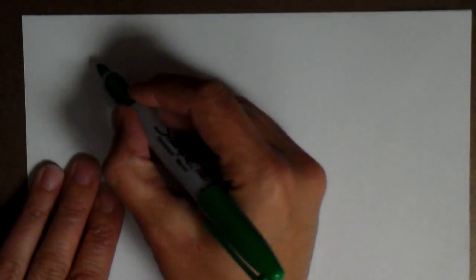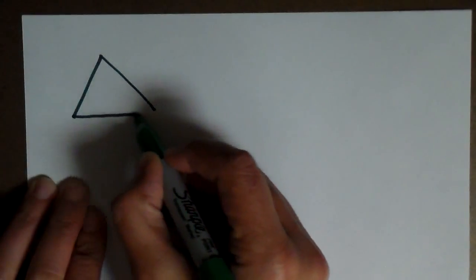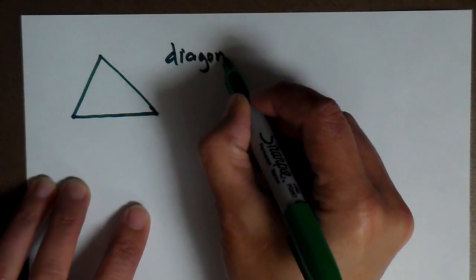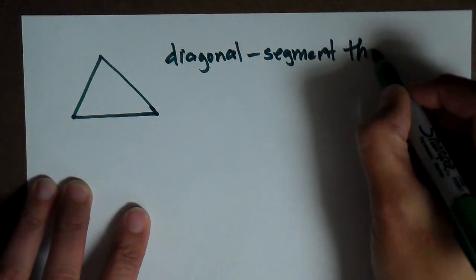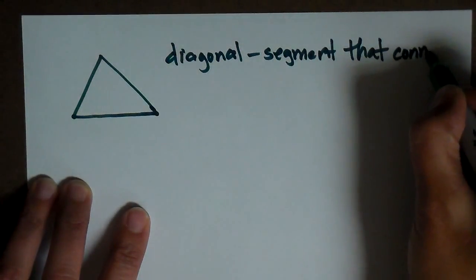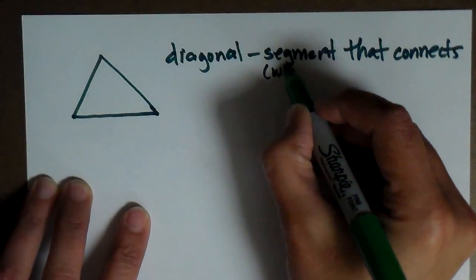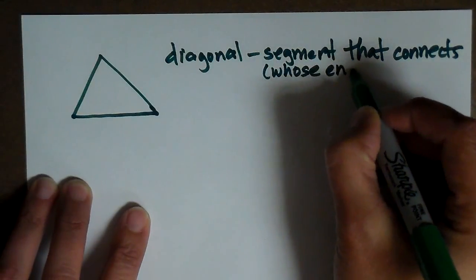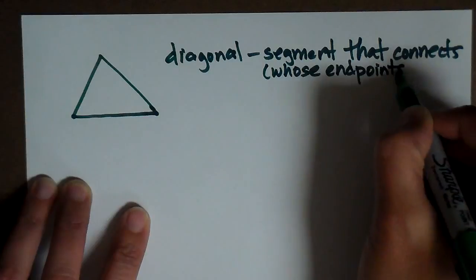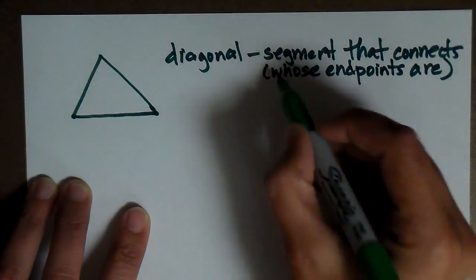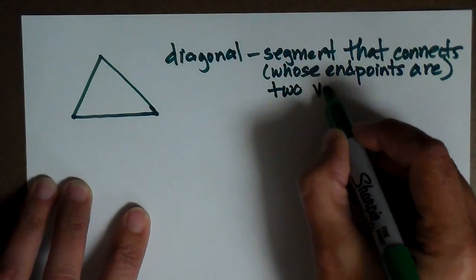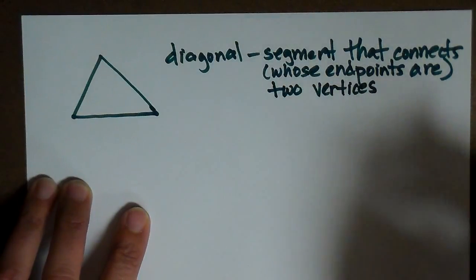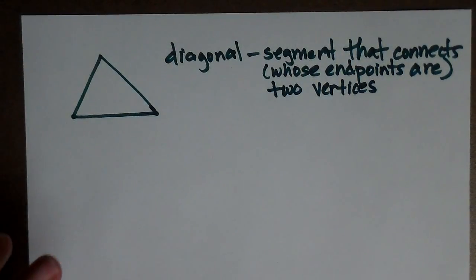If I draw a triangle, how many diagonals? Now a diagonal, remember, is a segment whose endpoints are, remember a segment has 2 endpoints, 2 vertices, 2 vertexes, for those of you that don't like to make things plural.